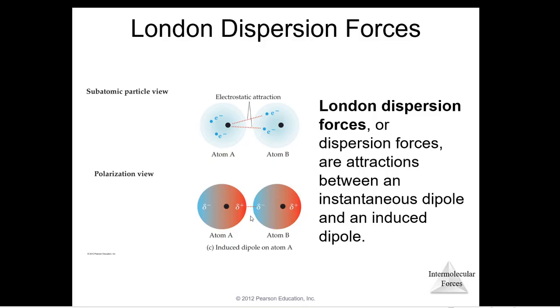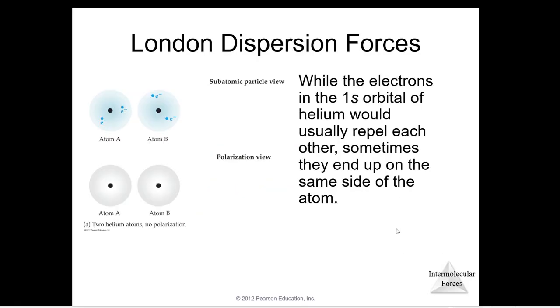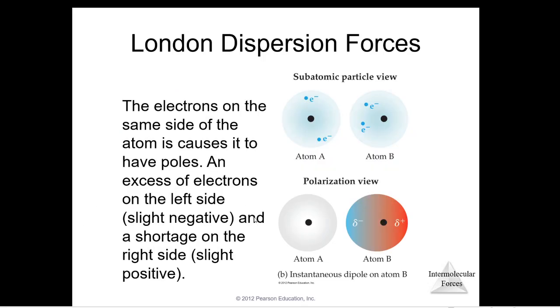But the funny thing about London dispersion forces is that they disappear. So while the electrons in the 1s orbital of helium would usually repel each other, sometimes they end up on the same side. So you think they would end up on opposite sides because they're electrons. They don't like each other, but sometimes they end up on the same sides, causing what we call that dipole, one negative side, one positive side, okay?